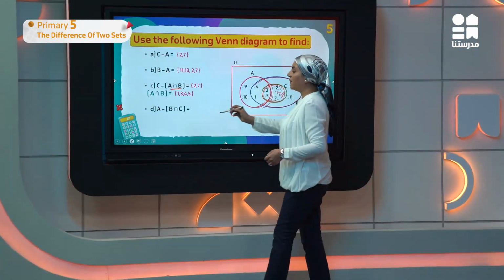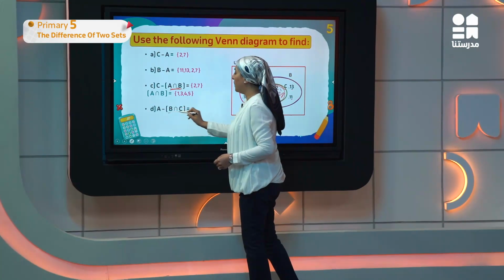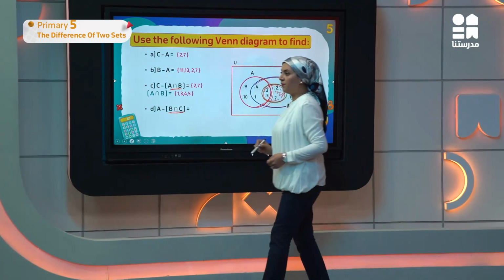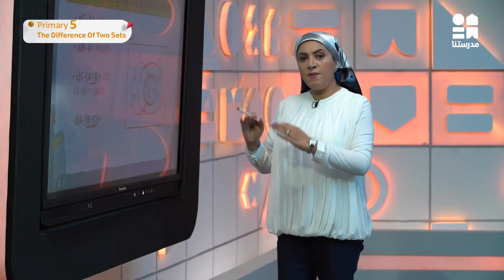Okay? Now, let's move to the last question here. Again, I have here A difference B intersect C. Again, the same way, with the same steps, to make it easier for myself. When I have a complex question like this one, I have to work each part on its own.